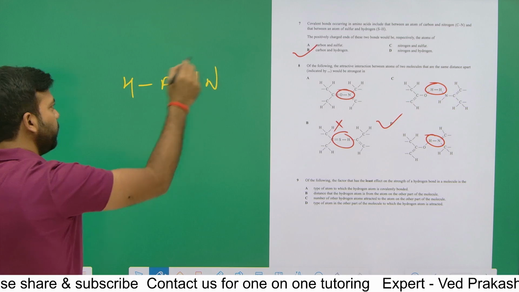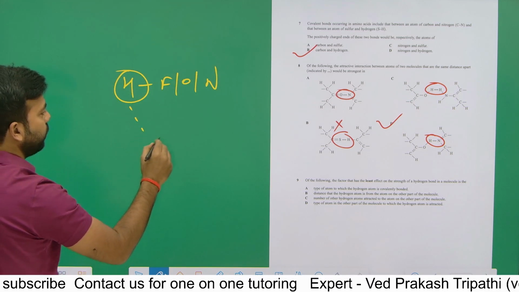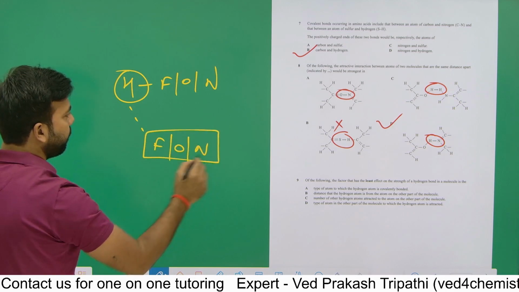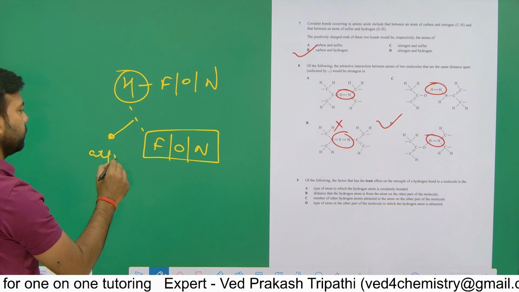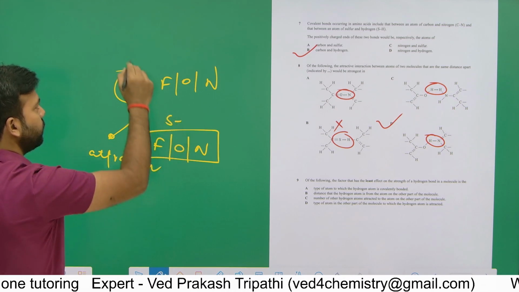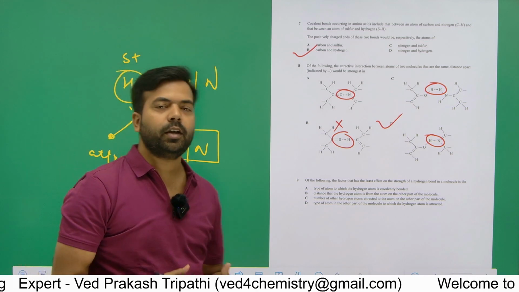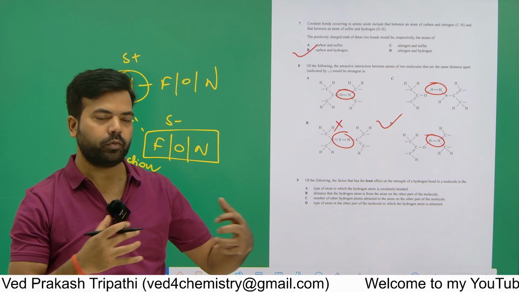This hydrogen has ability to form a hydrogen bond with another set of electronegative, which should be fluorine, oxygen and nitrogen. Clear? This is attraction. Delta negative, this is delta positive. So whenever we are using a term attraction, this is not a bond, this is a force of attraction.